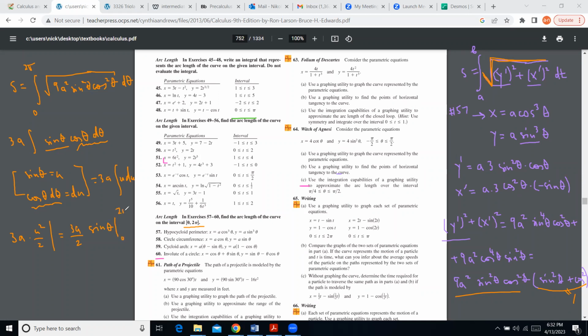Whether you like to get new parameters or not is your choice, because you're always going to have the same answer. Right? So sine of 2 pi minus sine of 0. Is that going to be 0? The sine of 2 pi is also 0. Well, looks like that's what they have.